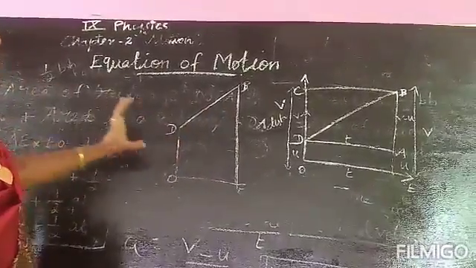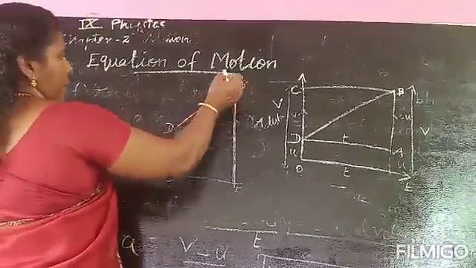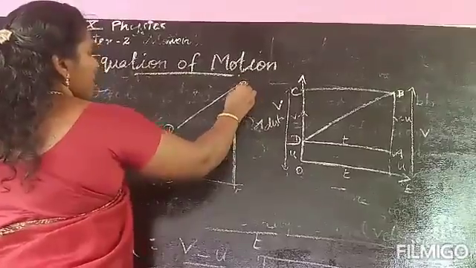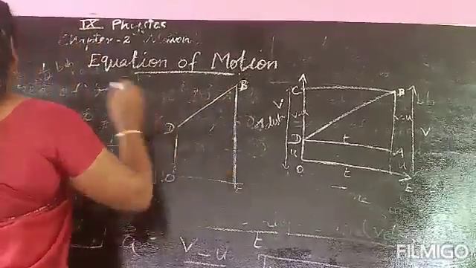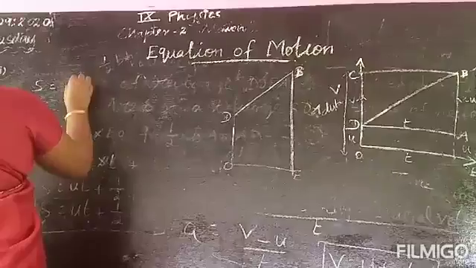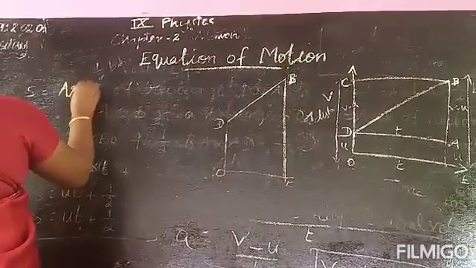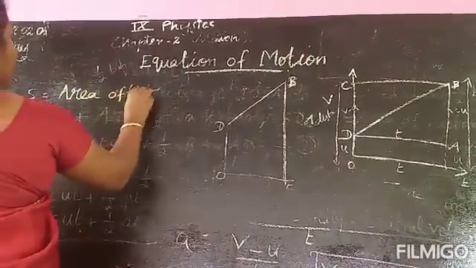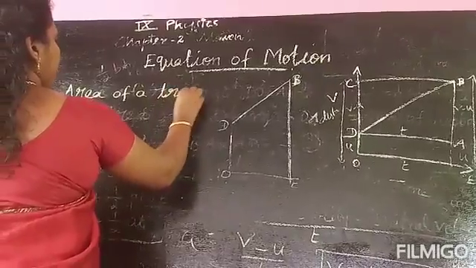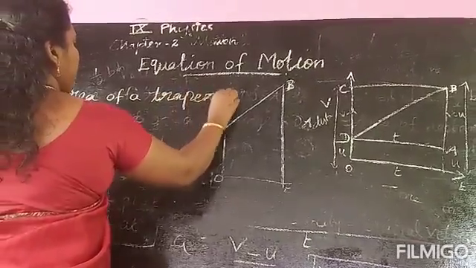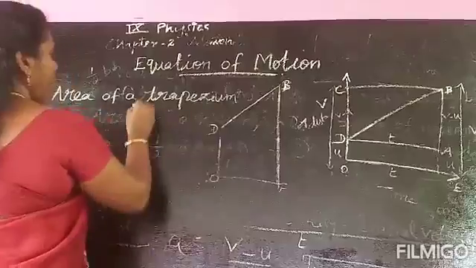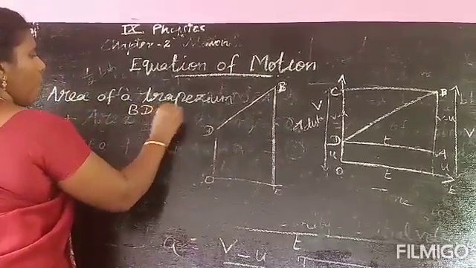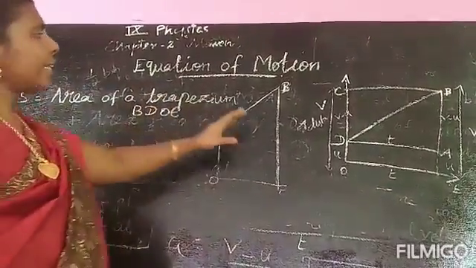So we have to find the area of a trapezium. Here the displacement is equal to the area of the trapezium BDO.